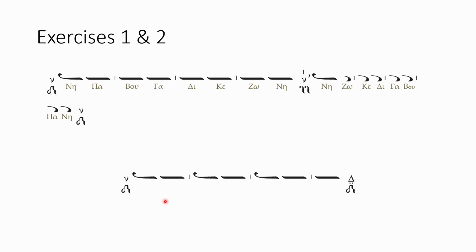There's a little bit more difference in the succession of notes here. We'll start with ni. Ni pa vu ga vi. So you stay on the ni here because of the ison marking.